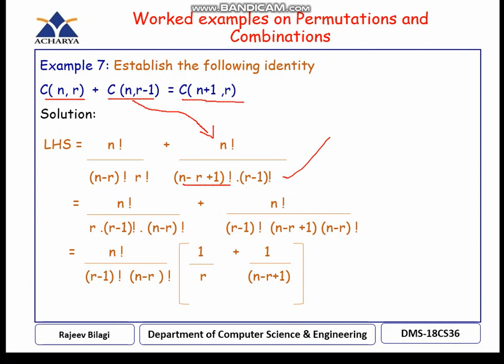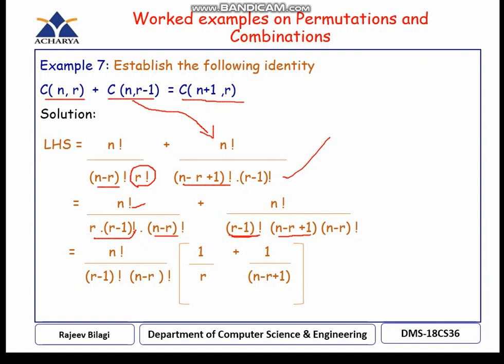So now here, n factorial and (n minus r) factorial I have kept as it is, but this r factorial I have written as r into (r minus 1) factorial. Plus n factorial, then (r minus 1) factorial I have kept as it is, and this (n minus r plus 1) factorial I can write as (n minus r plus 1) times (n minus r) factorial, one less.